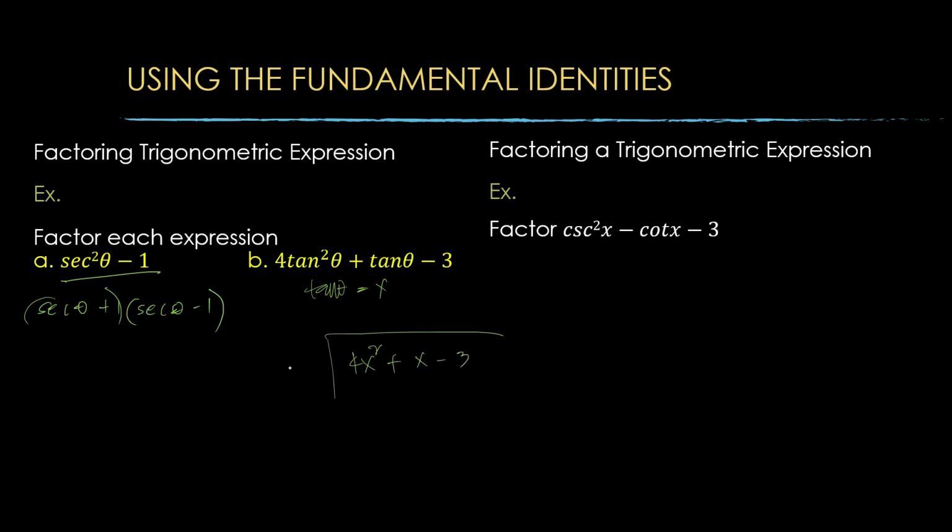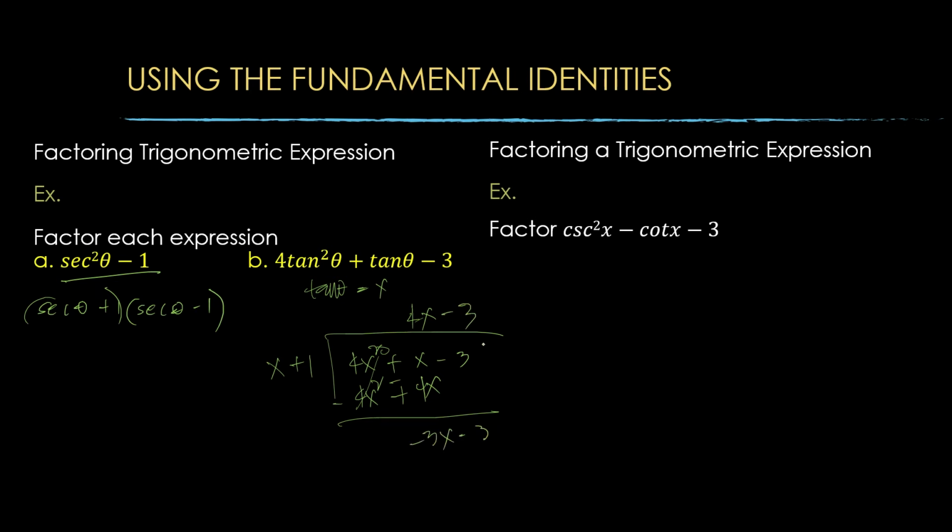Let's try, I guess, x minus 1 or x plus 1. If I do that, I can have here 4x. 4x times x is 4x squared. 4x times 1 is 4x. Then you subtract those. This one cancels out. You'll be left with negative 3x minus 3.